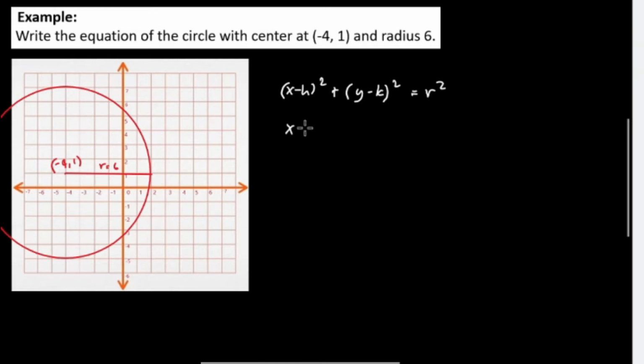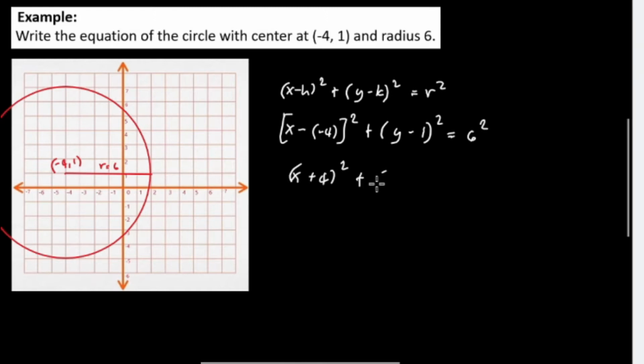So this is (x minus -4) squared plus (y minus 1) squared equals 6 squared. And simplify: (x plus 4) squared plus (y minus 1) squared, and 6 times 6 is 36.